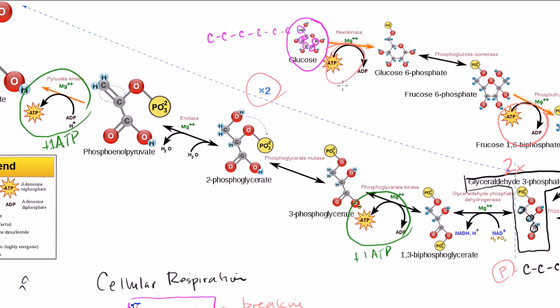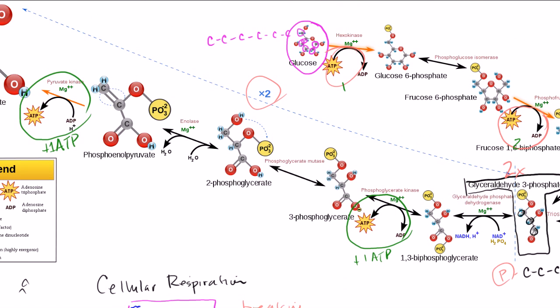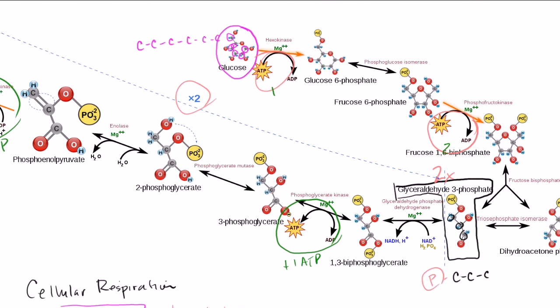In the investment phase, we used 2 ATPs. So total net ATPs directly generated from glycolysis is 2 ATPs. Right? 4 gross produced, but we had to invest 2 in the investment phase. And then the NADHs, we see right here. For each phosphoglyceraldehyde, or glyceraldehyde 3-phosphate, or PGAL, or whatever you want to call them, at this stage right here, you see that we are reducing NAD+ to NADH.